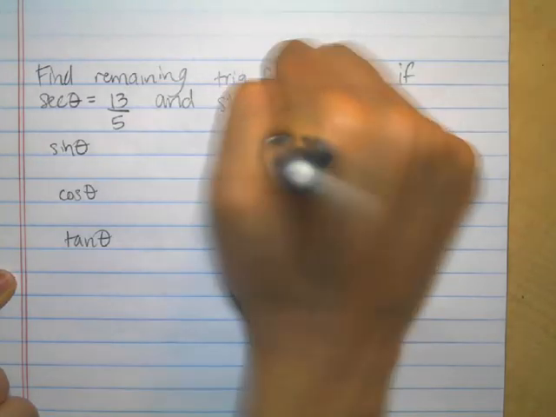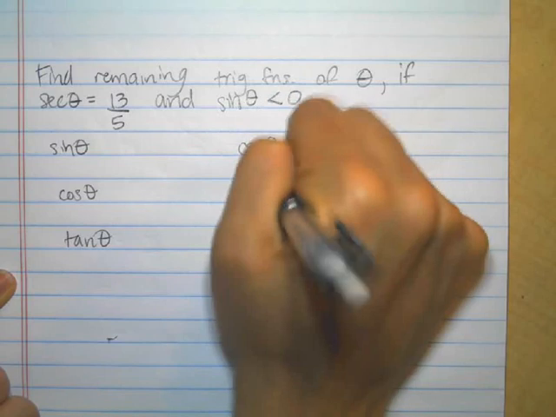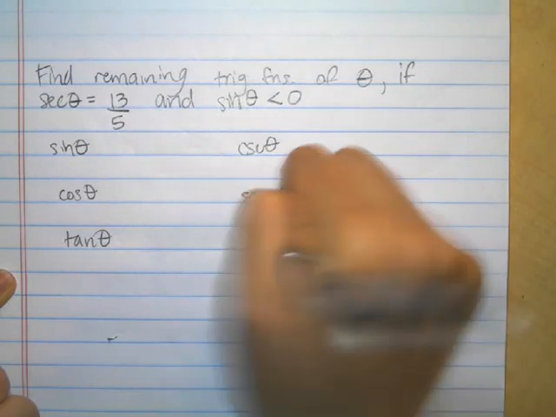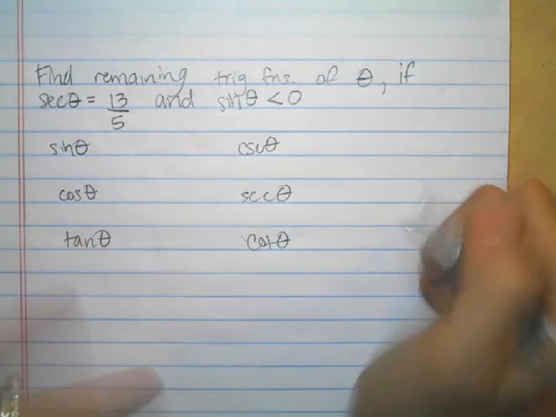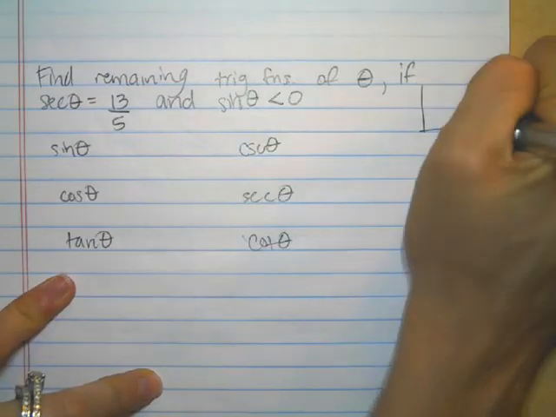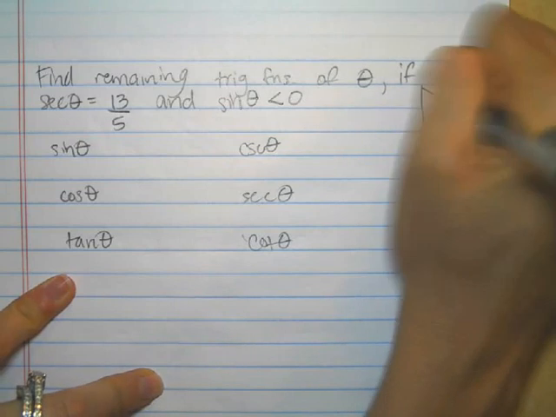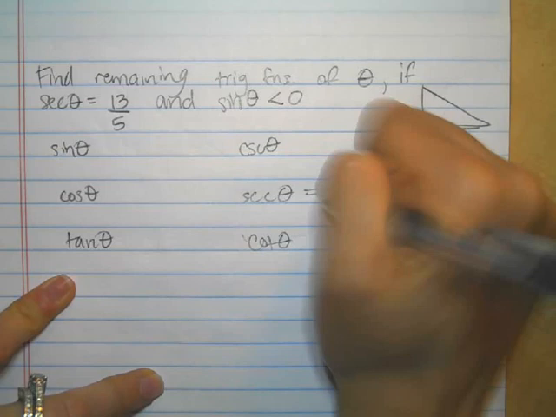Subtract 25. So that gives me a squared equals 144, right? Good, the square root of that is 12. So that means I can label this 12.